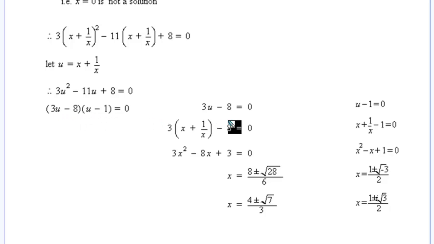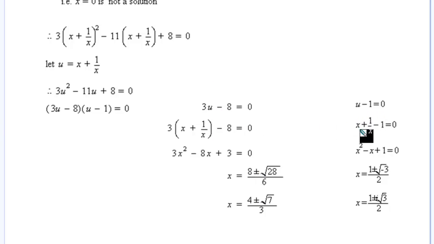So from that part we get 3u minus 8 is equal to 0, or 3(x plus 1 on x) minus 8. Now multiply through by x, we get 3x squared minus 8x plus 3, which when we look at that gives us a positive discriminant, so we're able to get roots of (4 plus or minus root 7) on 3. So that gives us real roots.